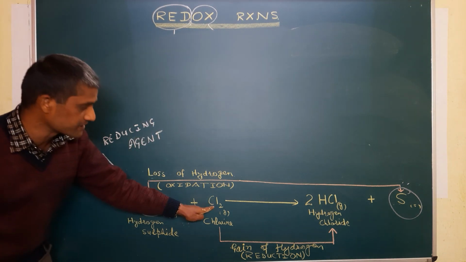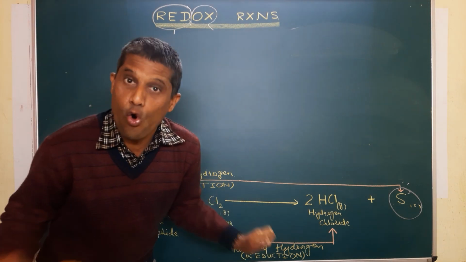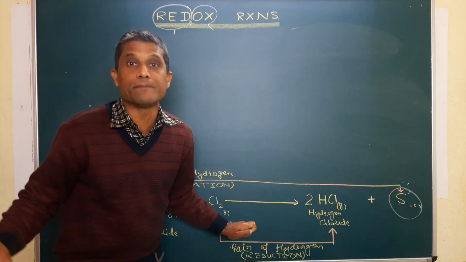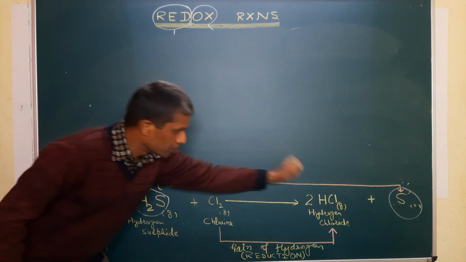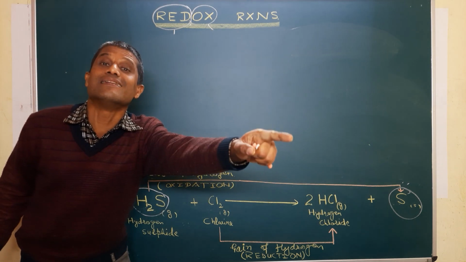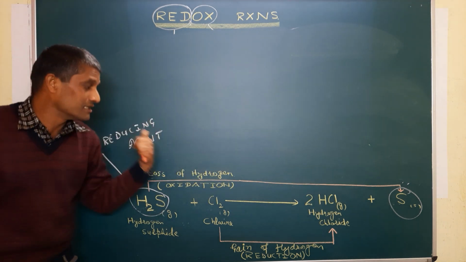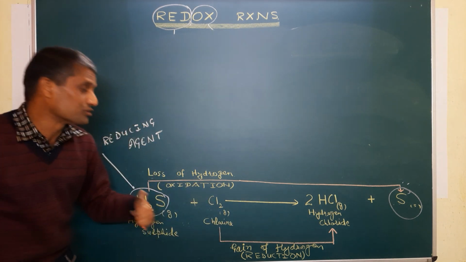Whose reduction is it carrying out? That is chlorine. The reduction of chlorine can't go on its own. Nothing can happen without any external action. Here, chlorine can't just reduce into hydrogen chloride unless it is supplied with hydrogen for that reduction to take place.